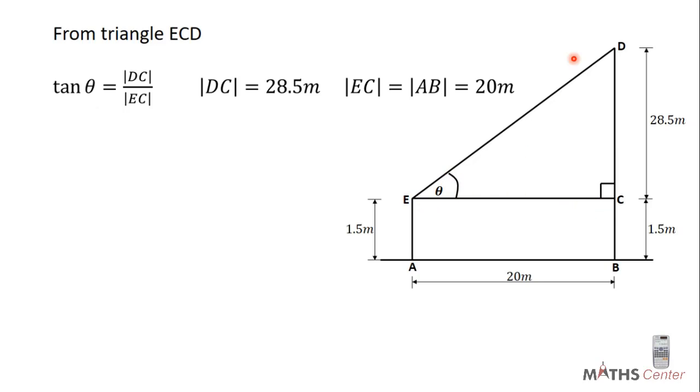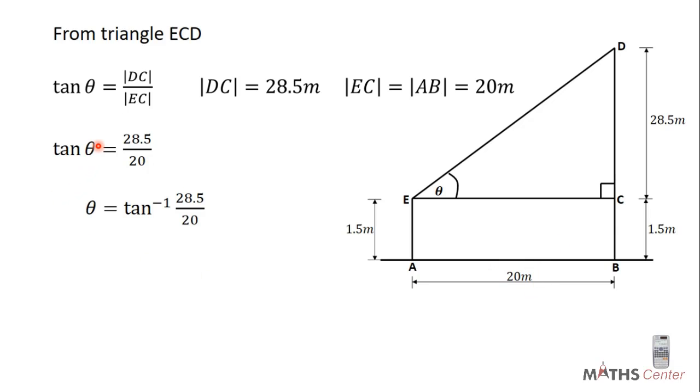So tan theta is equal to opposite, which is 28.5 meters because opposite is DC, divided by adjacent, which is EC, which is 20 meters.